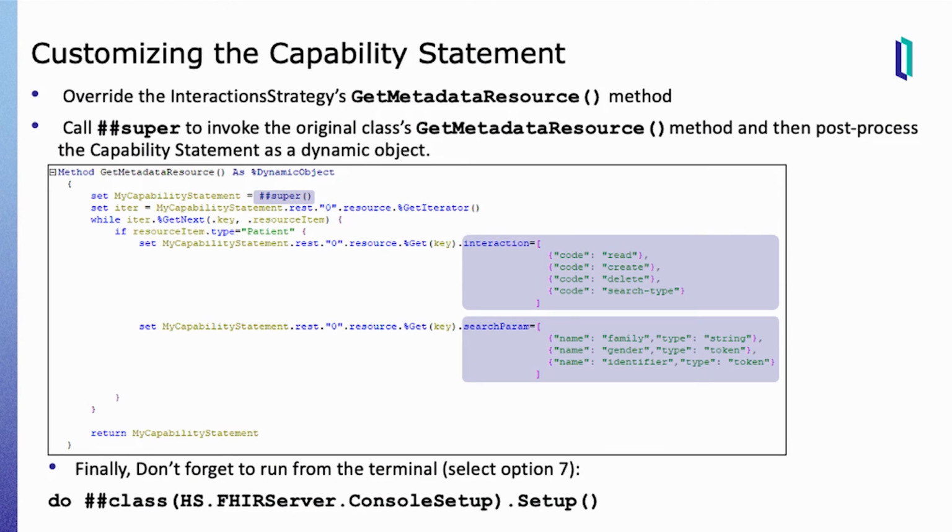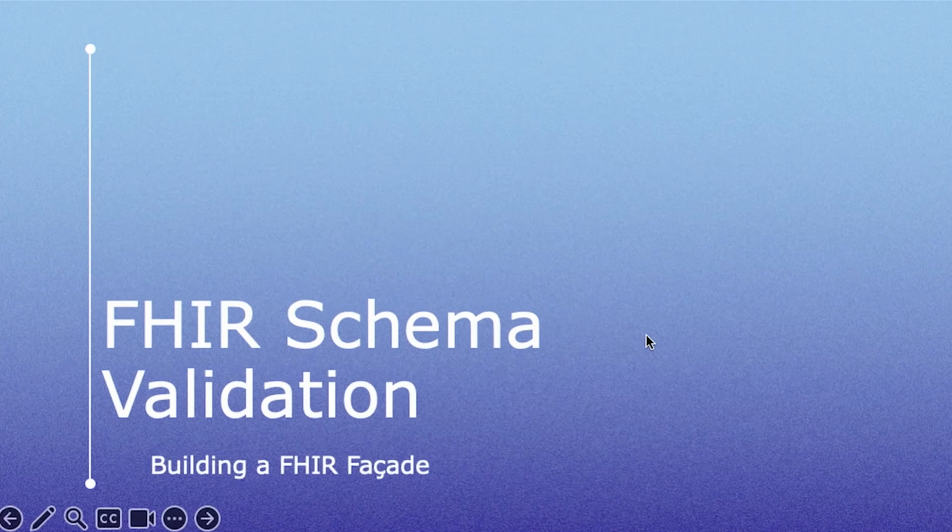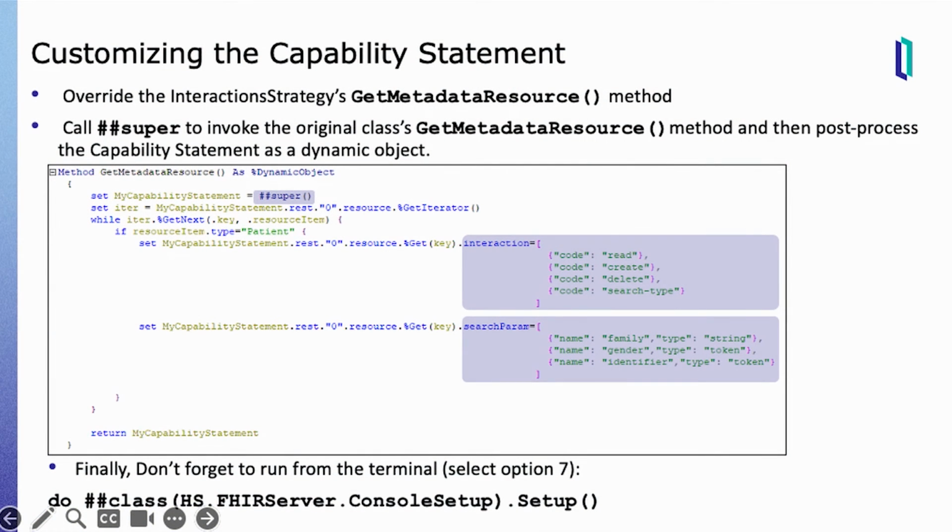How would I do it? Well, basically, I'll go in my interaction class. So basically, we're going to override the capability method. The recommended way is actually activating the super method in that class.